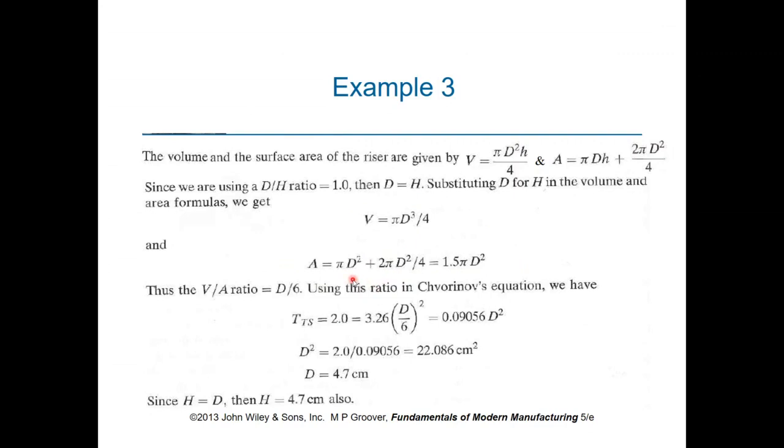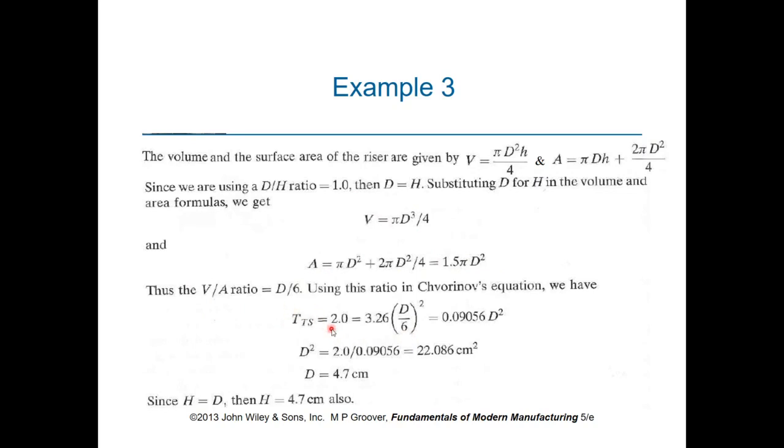Knowing that these are the equations defining the volume and surface area of the cylinder, we can simplify the V to A ratio by substituting this value for V and this value for A. We can simplify the equation of V to A, and it comes to D divided by 6. Still, we do not know what D is. Now, instead of V to A in the equation for solidification, we substitute D divided by 6.